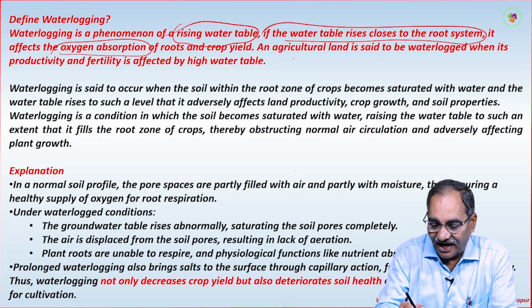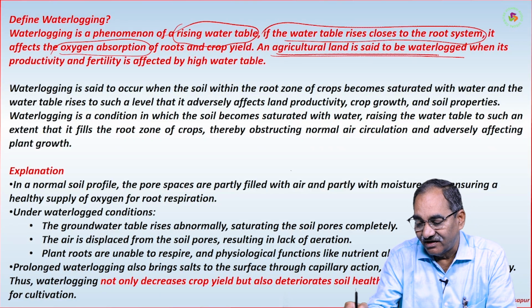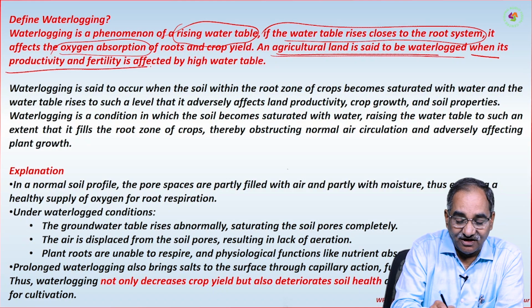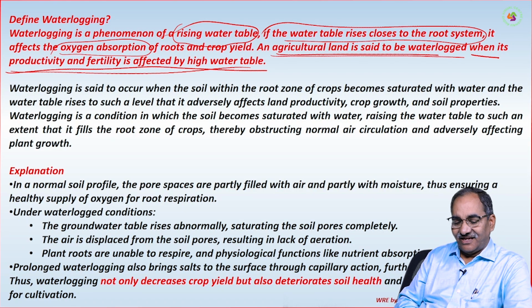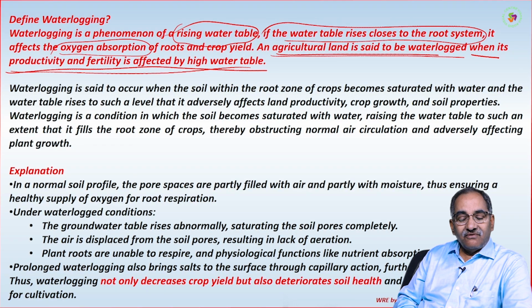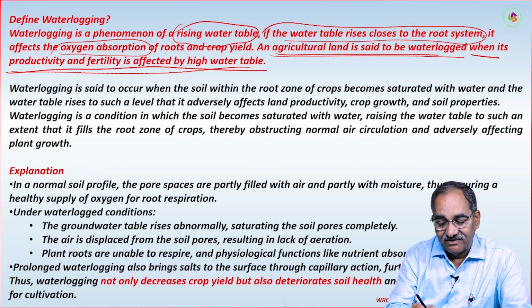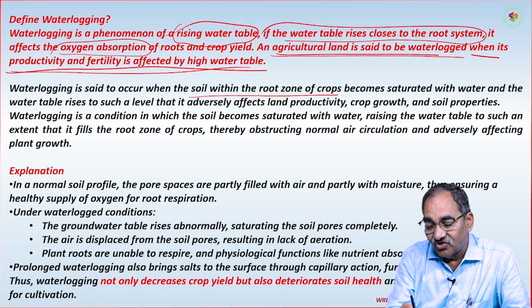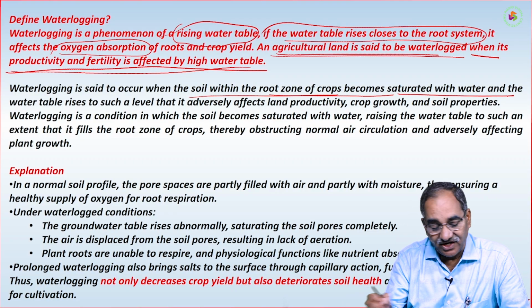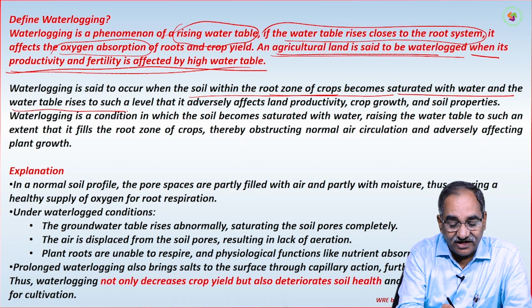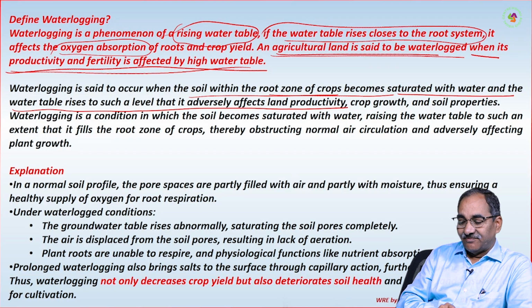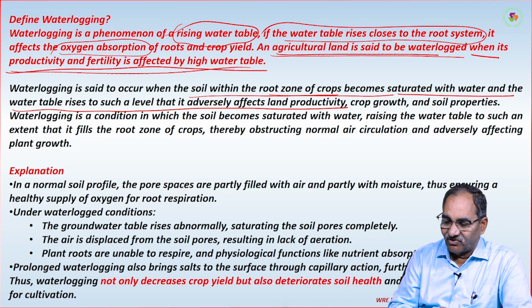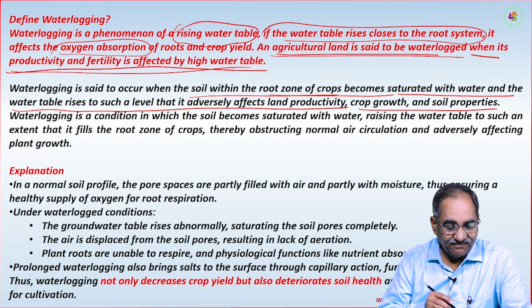Any agricultural land is said to be waterlogged when its productivity or fertility is affected by a high water table. Waterlogging is said to occur when the soil within the root zone of crops becomes saturated with water and the water table rises such that it affects adversely the land productivity or crop growth and soil properties.